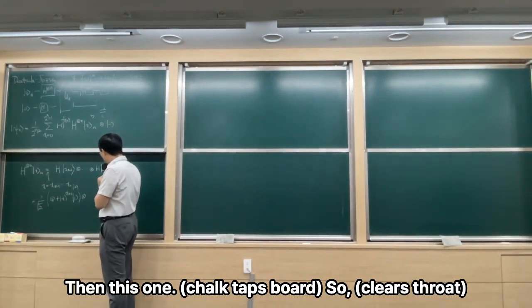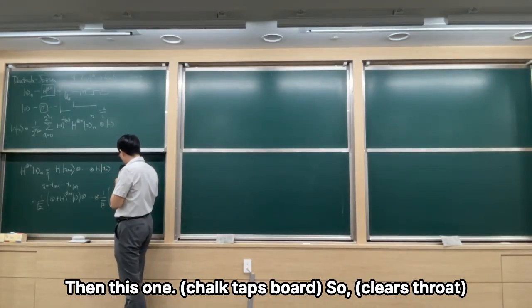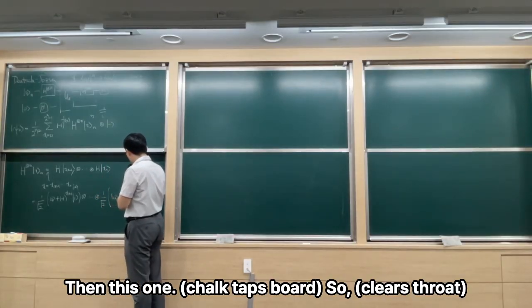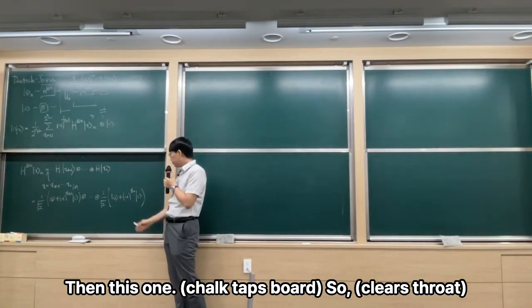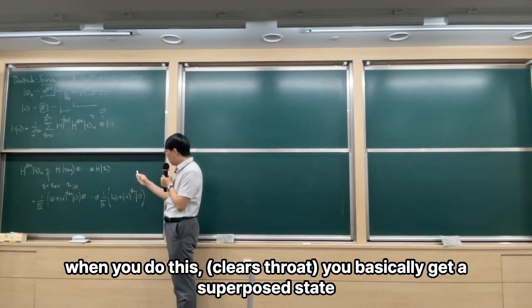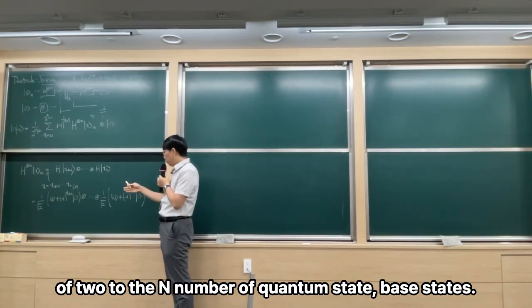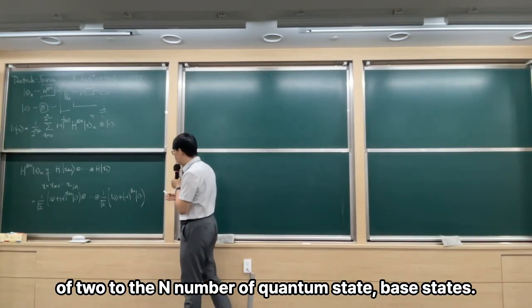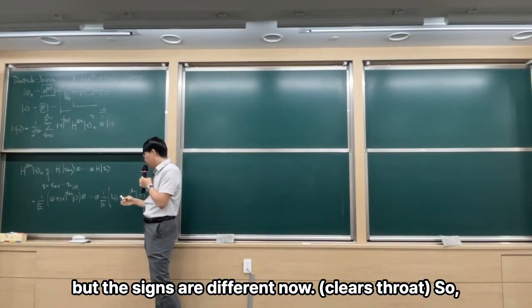And when you do this, you basically get a superposed state of 2 to the n number of basis states. But the signs are different now.